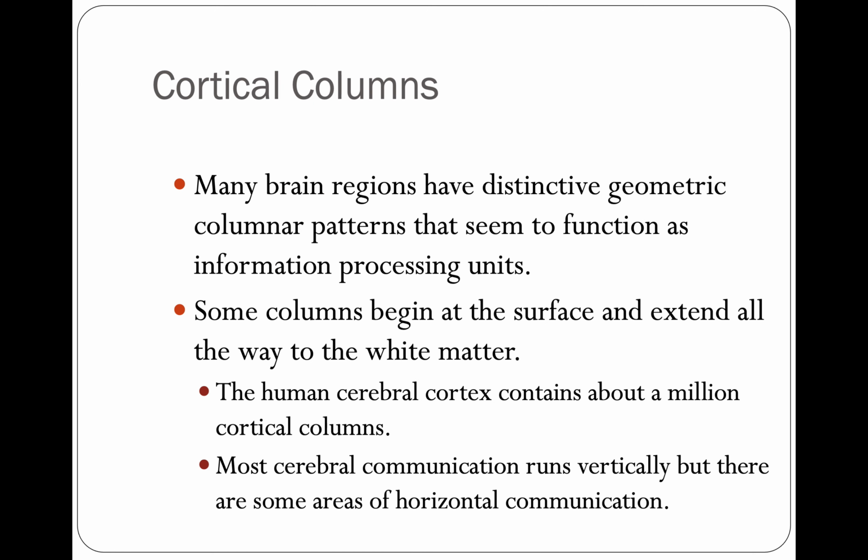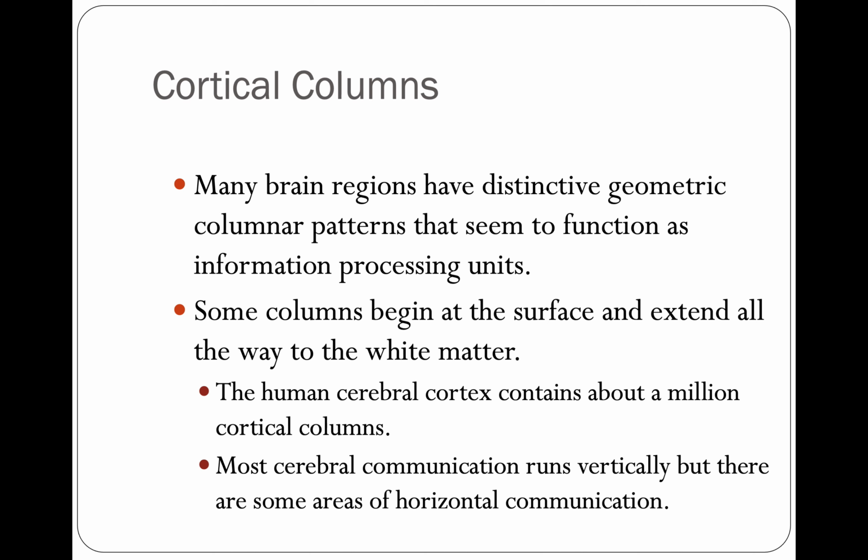Many brain regions have distinctive geometric columnar patterns that seem to function as information processing units. Some columns begin at the surface and extend all the way to the white matter. The human cerebral cortex contains about 1 million cortical columns. Most cerebral communication runs vertically, but there are some areas of horizontal communication.